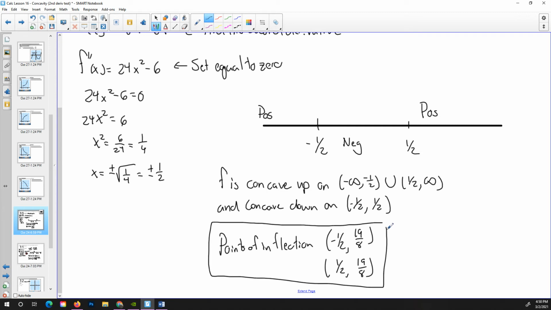Now, just as a check, let's take a look at it in the graphing Desmos calculator.